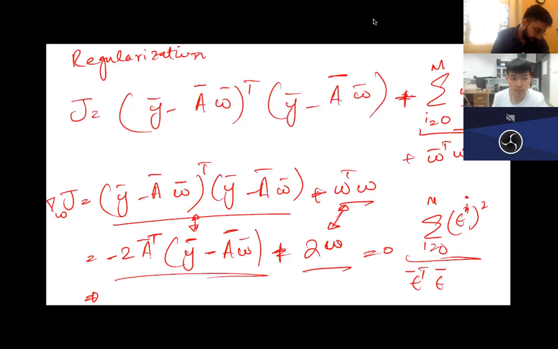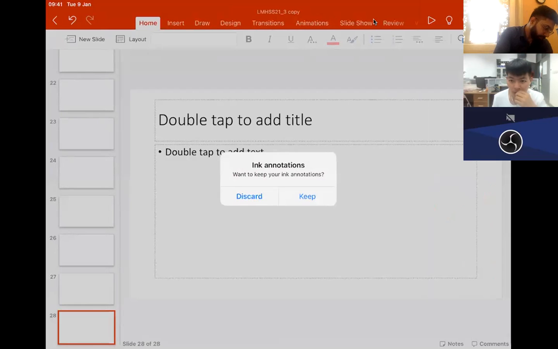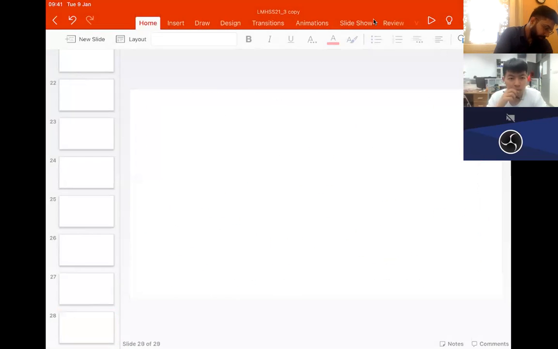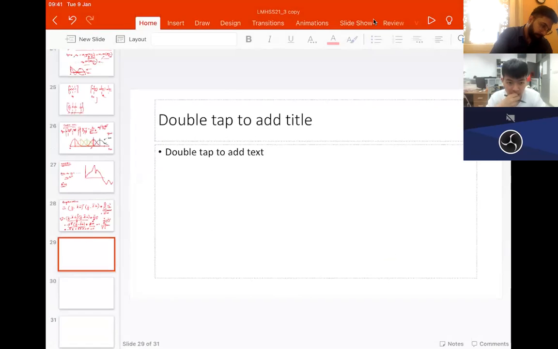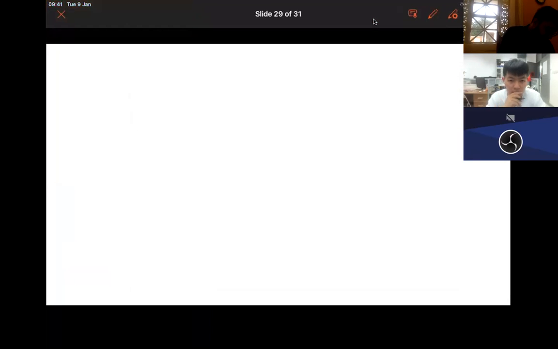We can drop the 2 from everywhere because we can divide both sides by 2. So you get minus A transpose Y plus A transpose A W plus W is equal to 0. Let's further simplify it.